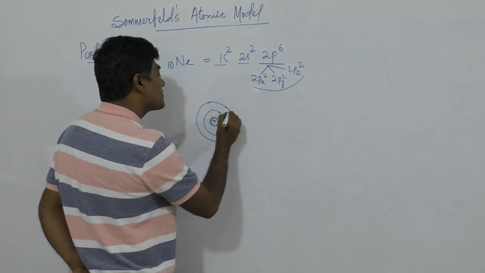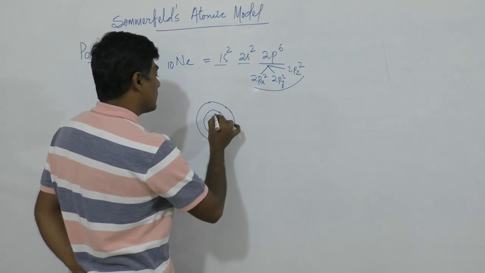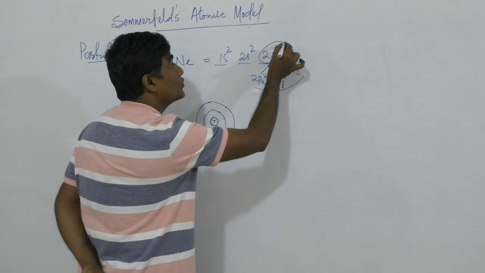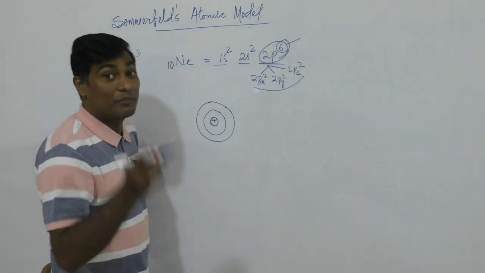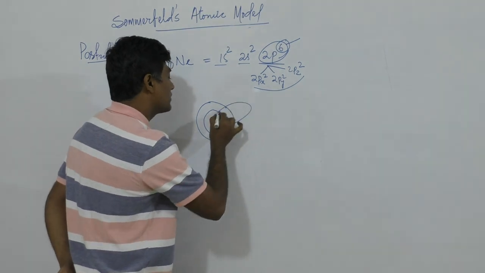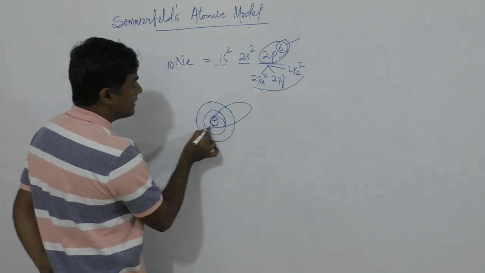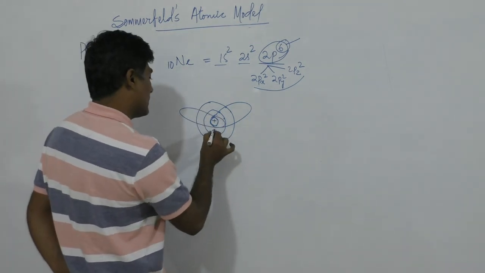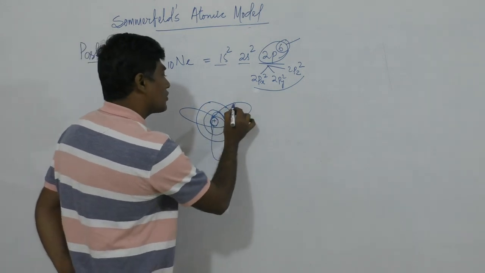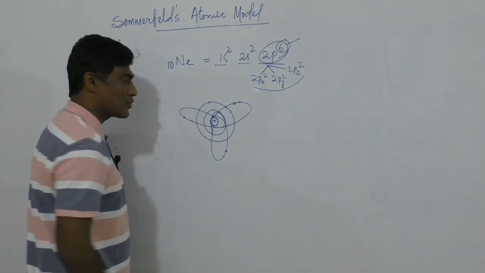2 electrons moving around the nucleus, and now another, this subshell 2p should contain 6 electrons, but how? By elliptical path, this along this direction, this along this direction, and this along this direction. This contains 2 electrons, this also contains 2 electrons, this elliptical path also contains 2 electrons.